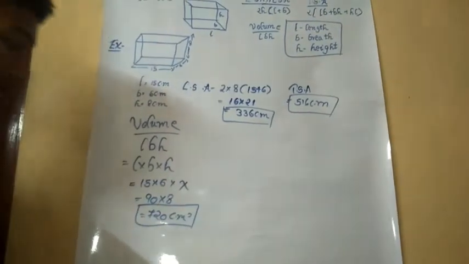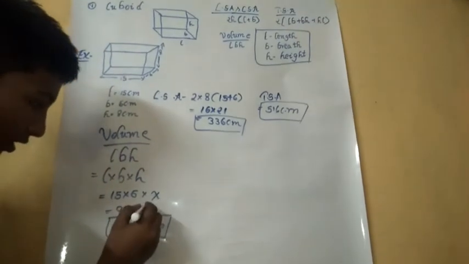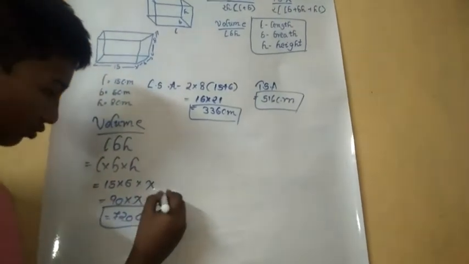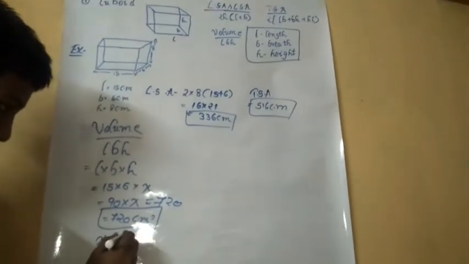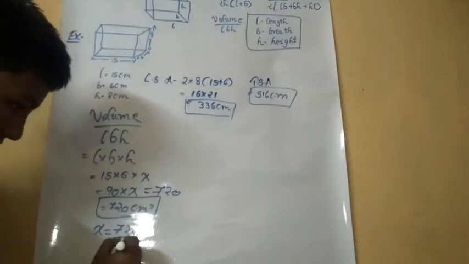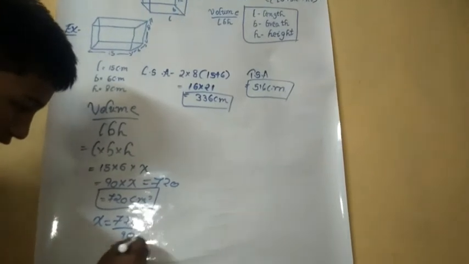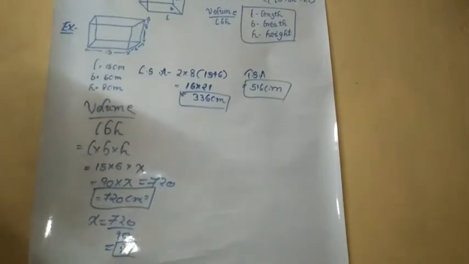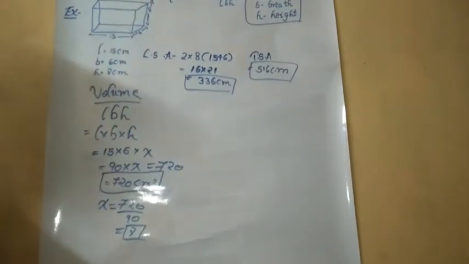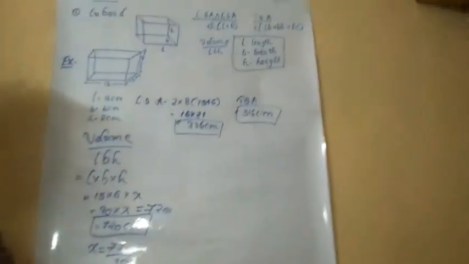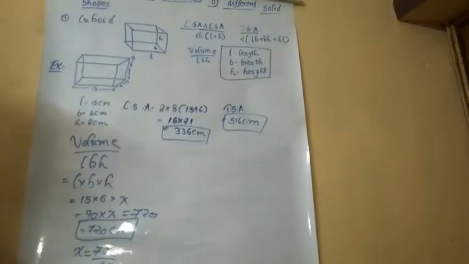Then 90 into x is equal to 720, so x is 720 by 90, which is 8. We get the value. In this model they can also give the other two dimensions like this. So friends, this is an easy model, and this is a cuboid, a rectangular type.